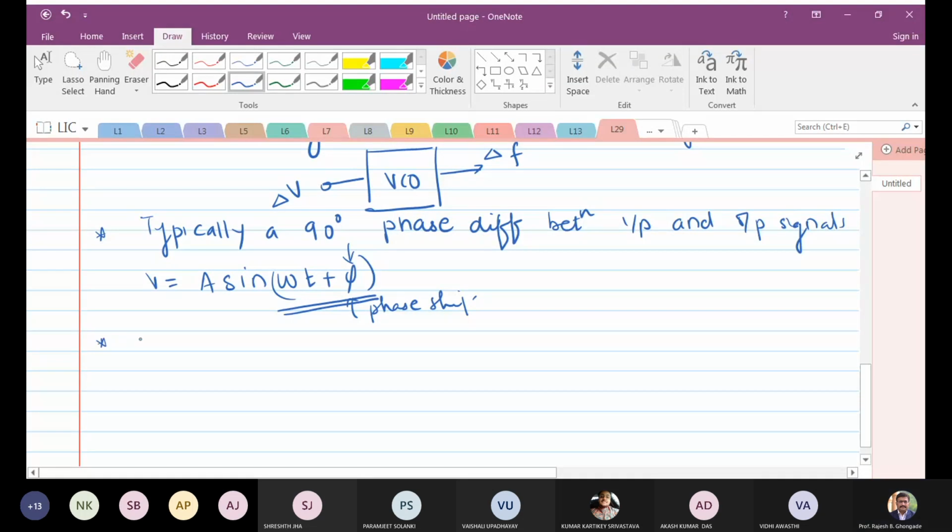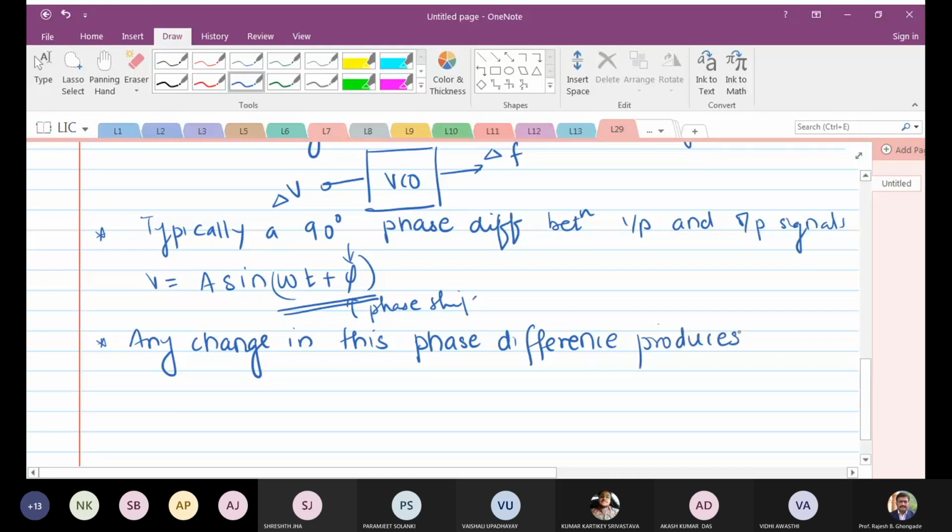Any change in this phase difference produces an increased or decreased control voltage to the VCO.